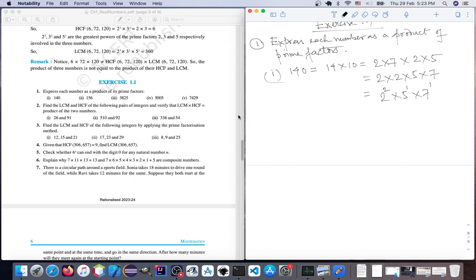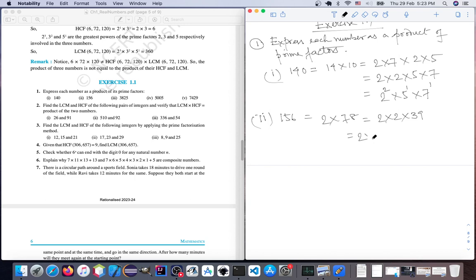Okay, now number 2 is 156. So can we divide by 4? No, 4 3s are 12. Okay, let's do it step by step. 2 into 78. So this is 2 into 2 into 39.